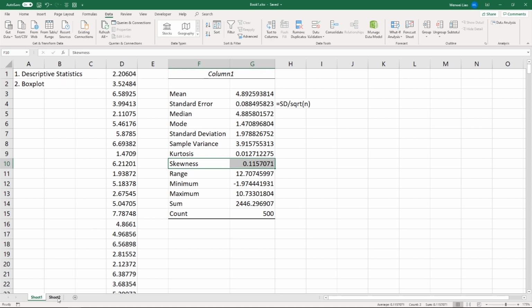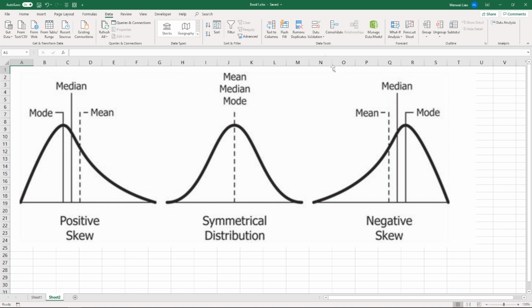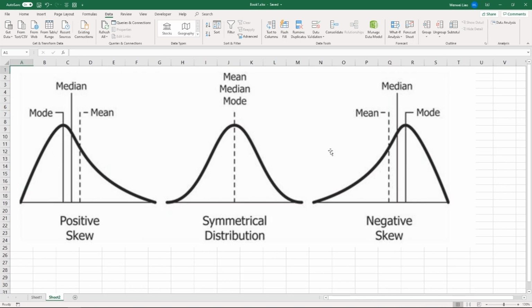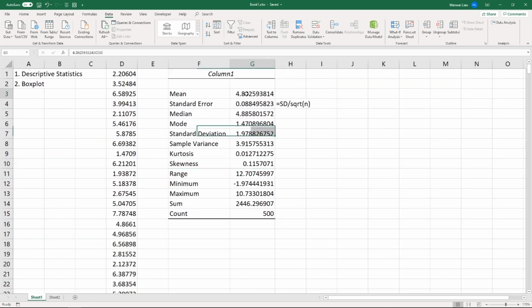And all I want to say is that as long as you can master this graph, then you can solve the problems about skewness very easily. Like here, the skewness is positive, so like here, positive skew is mean larger than median. It's mean larger than median, right?